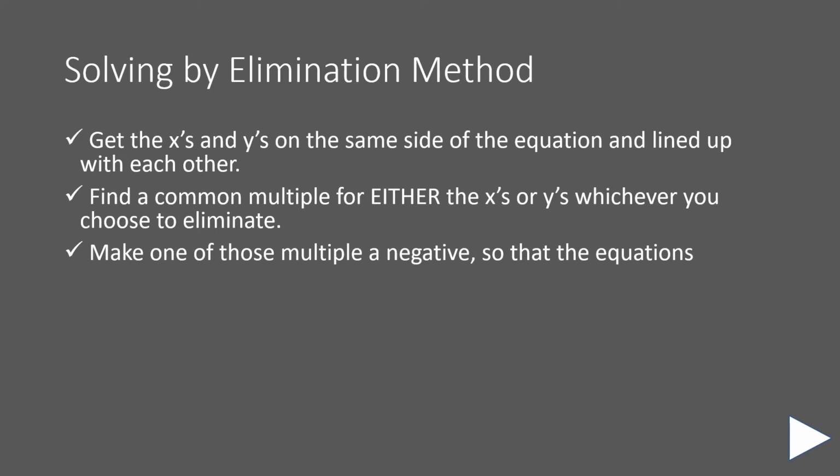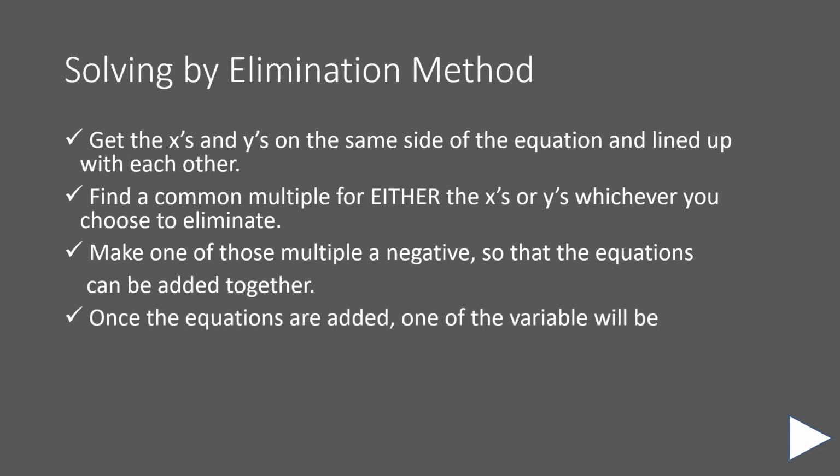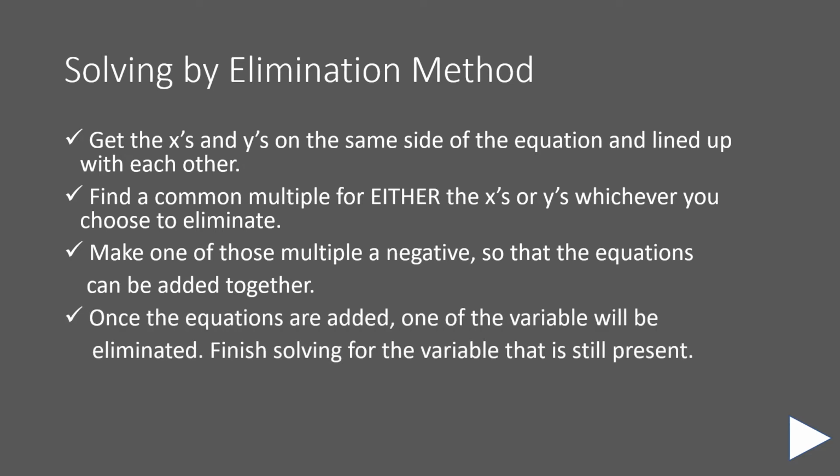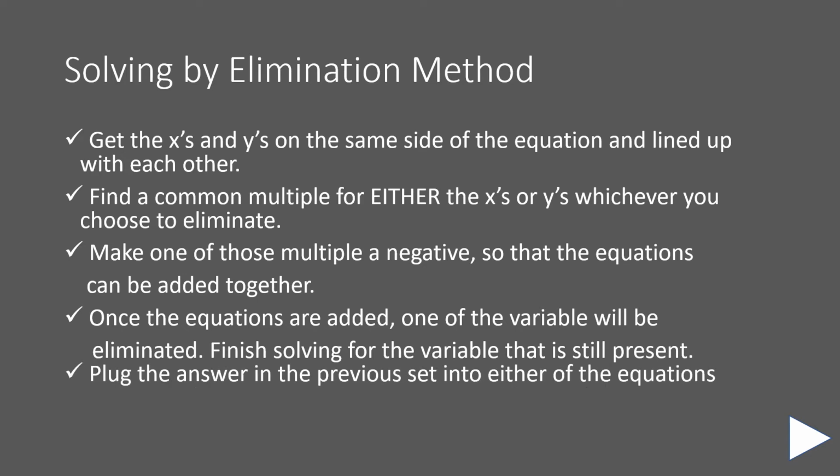If the two coefficients of x and y are not the same, then you have to make the coefficients the same by multiplying the equations. Then you can add or subtract the two equations and solve for one variable. Plug the answer into any one of those two equations to find the other variable.